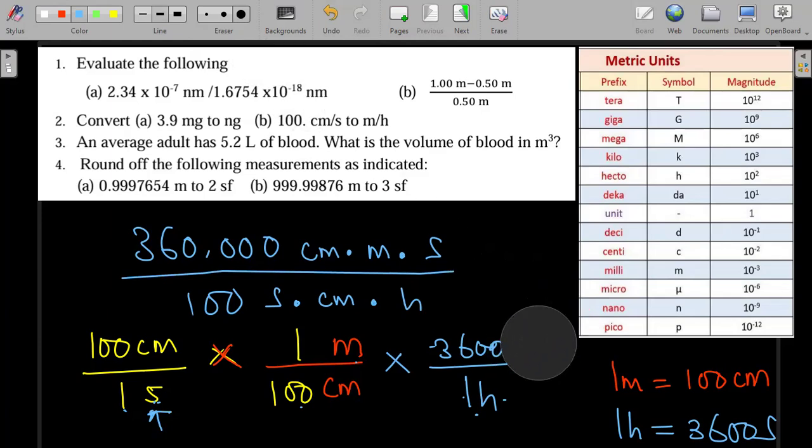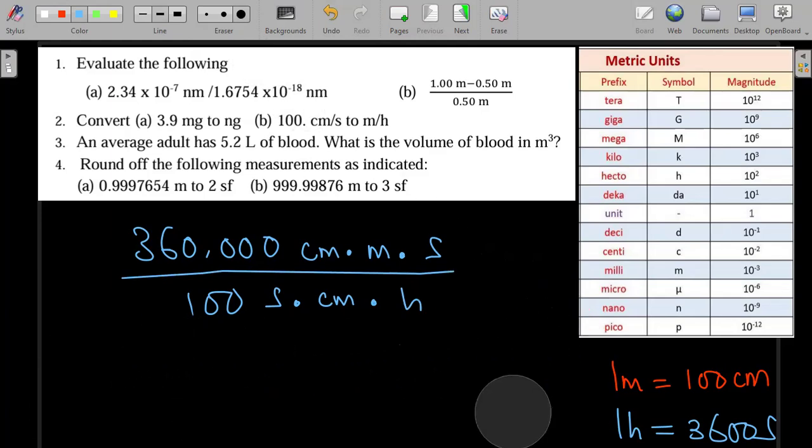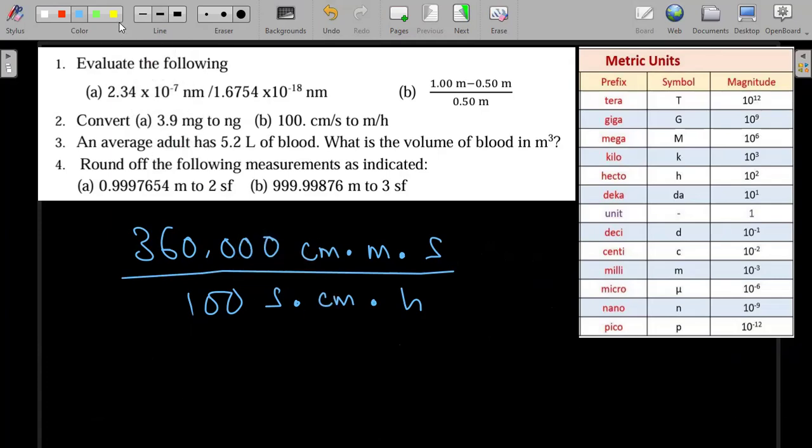So now you see the magic: the units that we don't want, they're going to cancel out. I can see centimeter and centimeter will go. This second and this second will go. So I just remain with this number here and meters per what? Per hour. So that's what we wanted. So you can just cancel out the zeros. Cancel 2 zeros here, and there cancel 2 zeros.